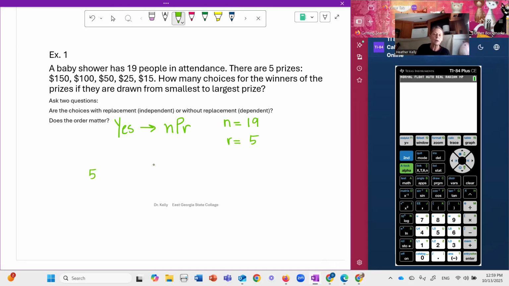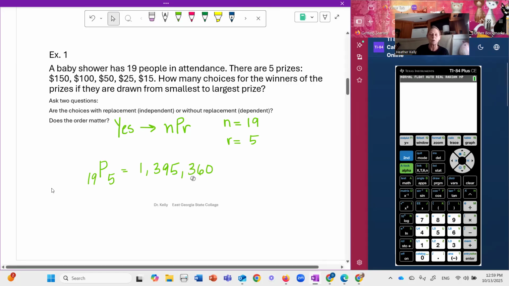So we'll say 19P5. Put that in our calculator and we get 1,395,360.